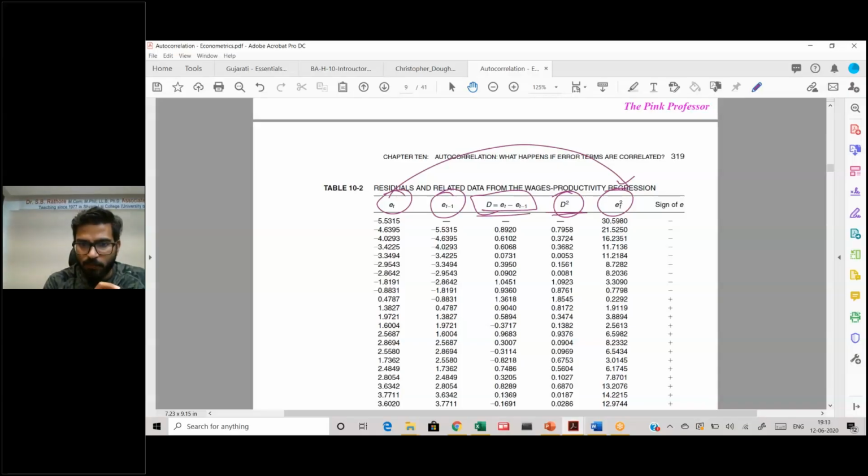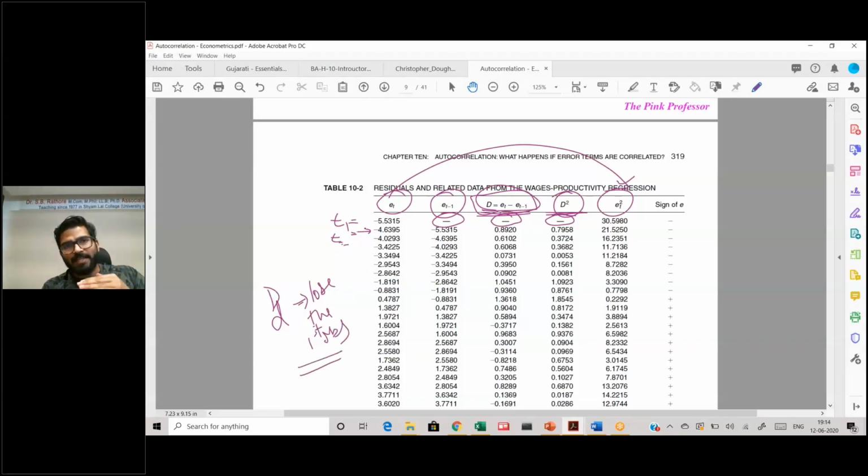So in this table you have squared these values. Please make a note that this is time period 1 and this is time period 2. When you are subtracting the previous term in this D value, there is no previous term for the first observation. So in calculating the D statistic you lose the first observation, because you have to subtract the error of the previous observation.